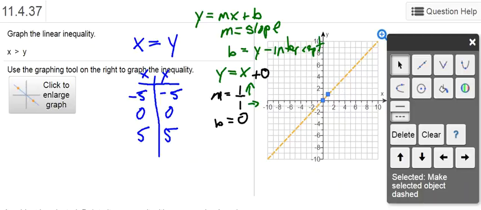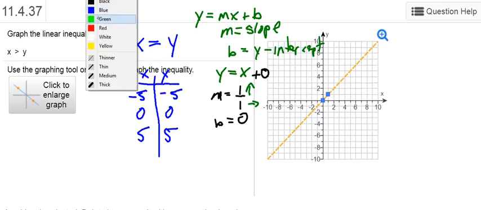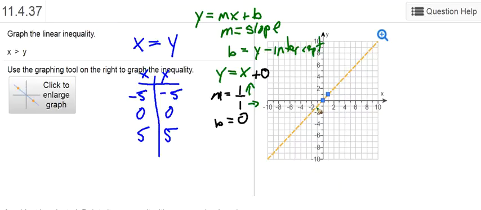I need to pick a test point to see which way I'm going to graph. So in this case, since my line goes through 0, 0, I want to pick something that is easy. How about -2, 2? Let's pick a point over here. So -2, 2. We go back to our original inequality that says x is greater than y.